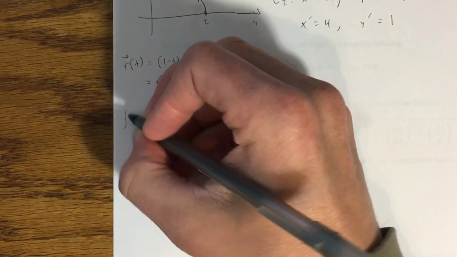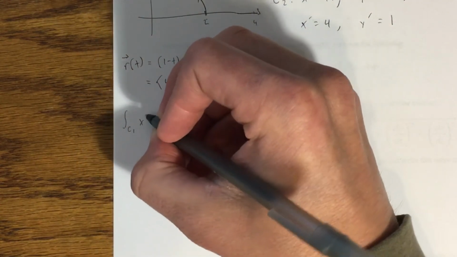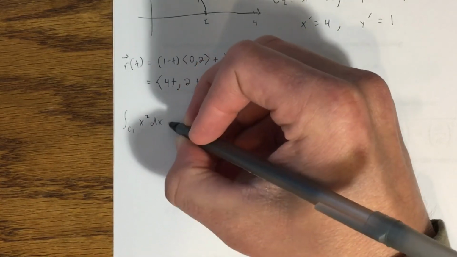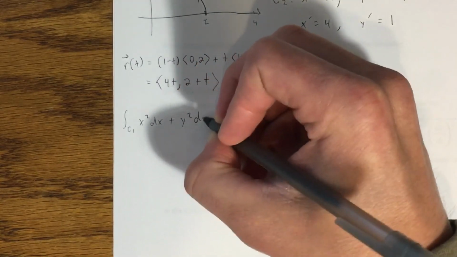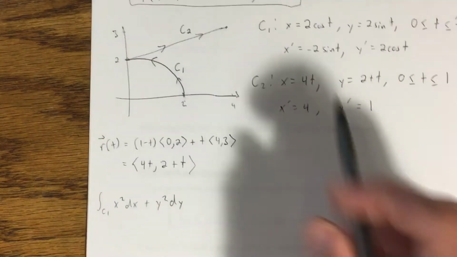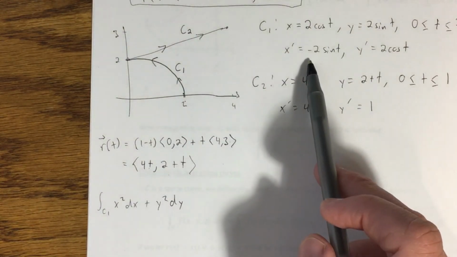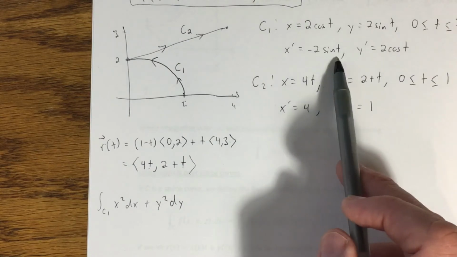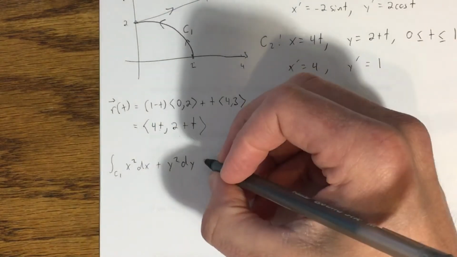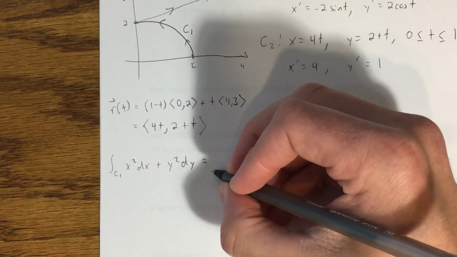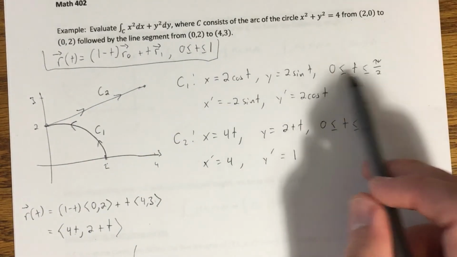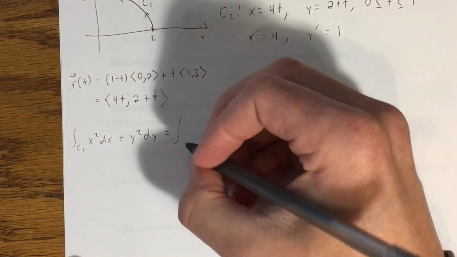If I want to integrate over C1 of x squared dx plus y squared dy, x is 2 cosine of t, and dx is negative 2 sine of t. So that's going to give me the integral. And don't forget, our limits are 0 to pi over 2. So that's going to be my limits of integration.